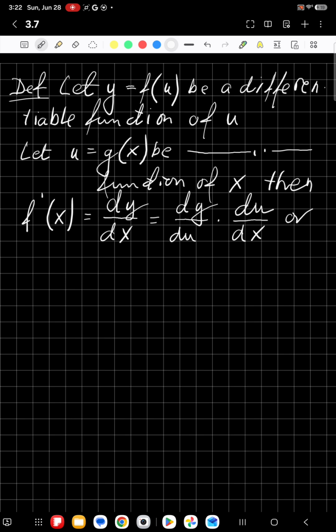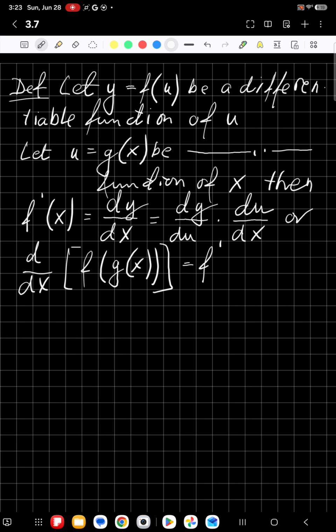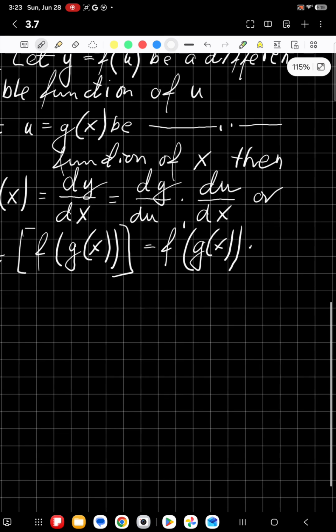We could also write it like this, maybe this one is simpler: d dx of f of g of x, where f is the outside function and g of x is the inside function. That's going to be f prime of g of x, with g of x unchanged, times g prime of x.